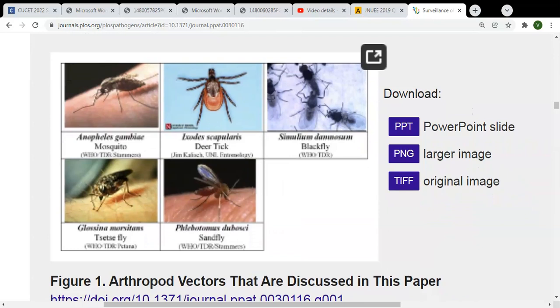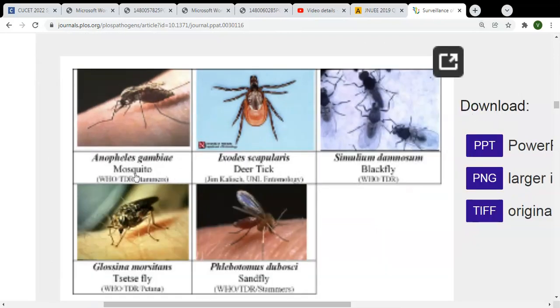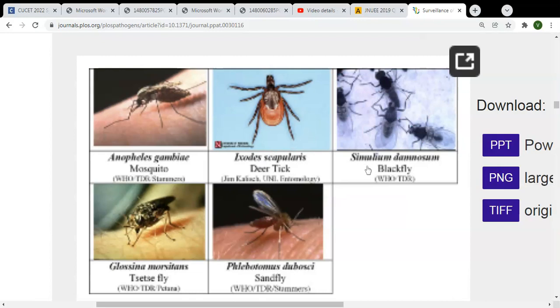If you are not able to read this, I will read it for you. This is the Anopheles gambiae mosquito, and Anopheles causes malaria. This is the deer tick, Ixodes scapularis, which causes some deer disease. Then it's a black fly, Simulium damnosum, I don't know exactly what it's called.